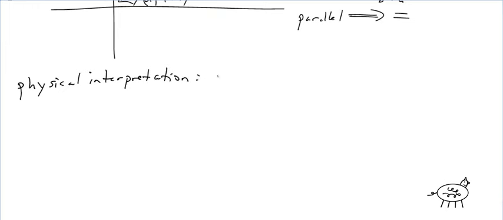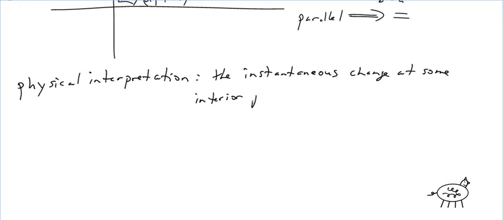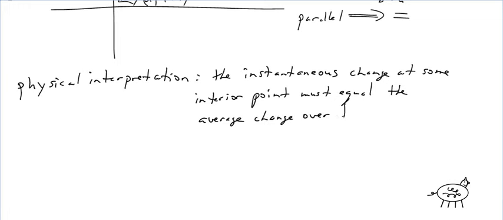The instantaneous change at some interior point must equal the average change over the entire interval.